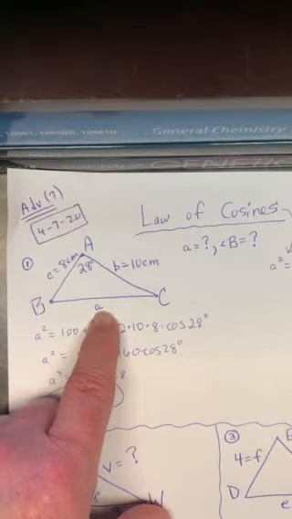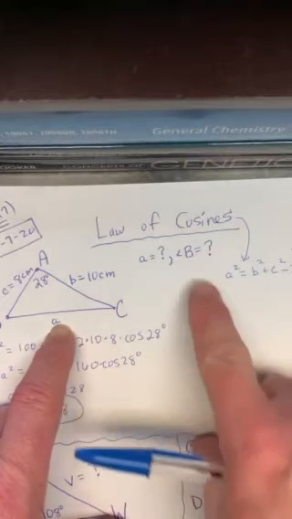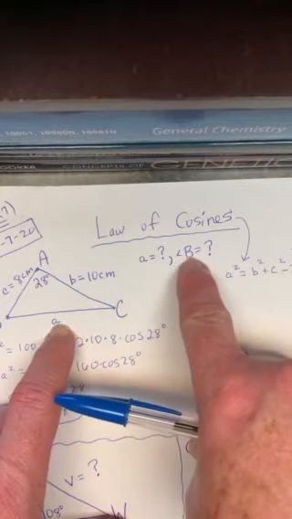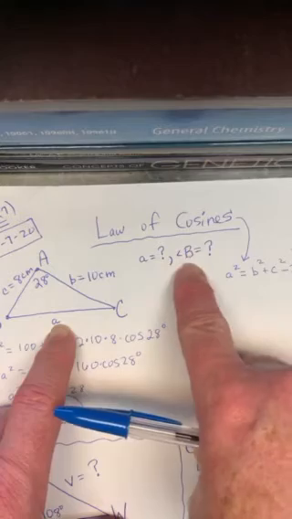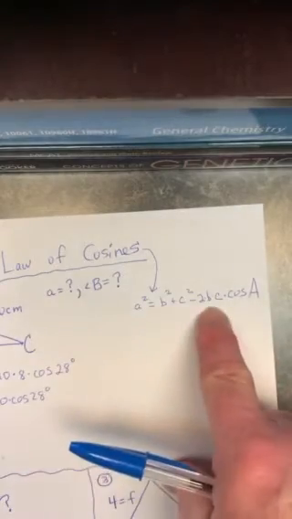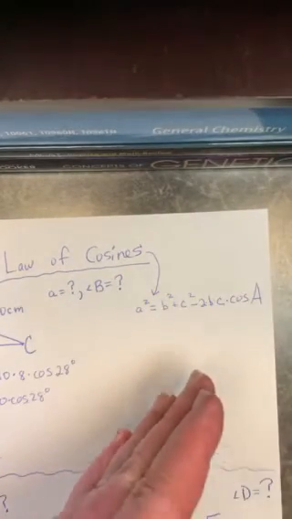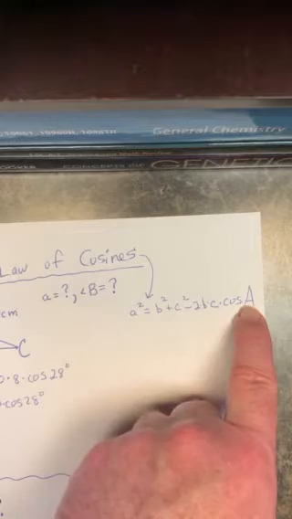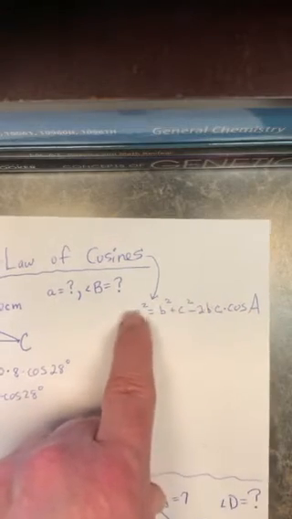Okay? Now notice the question said, uh-oh, what if I told you to find the missing angle, like angle B? Well, think about it. If angle B is the angle we're seeking, don't I want this formula to end up with a B at the end? So if I have a capital B at the end, I want a little b at the beginning.